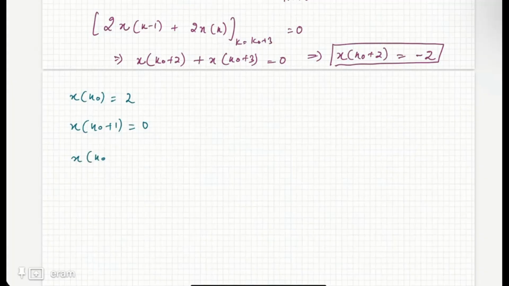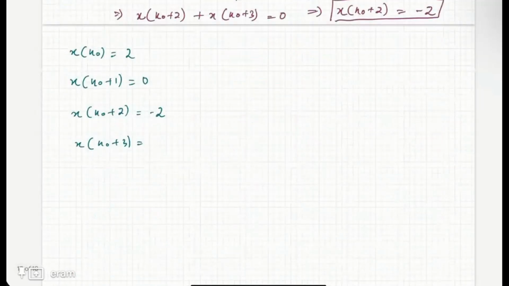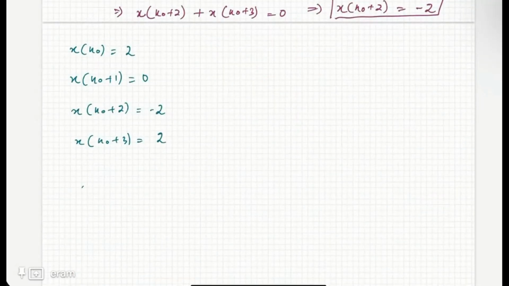X of k naught plus 2 we calculated as minus 2. And x of k naught plus 3 we calculated as plus 2. So the sequence of x is 2, 0, minus 2 and 2. So this is our optimal solution.